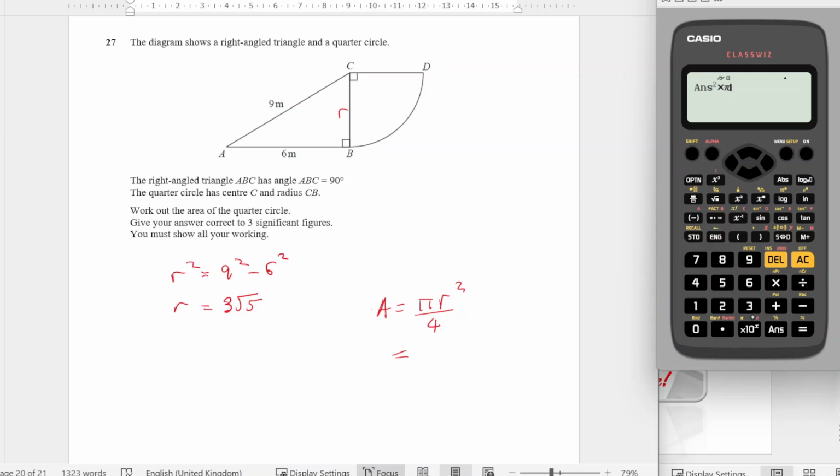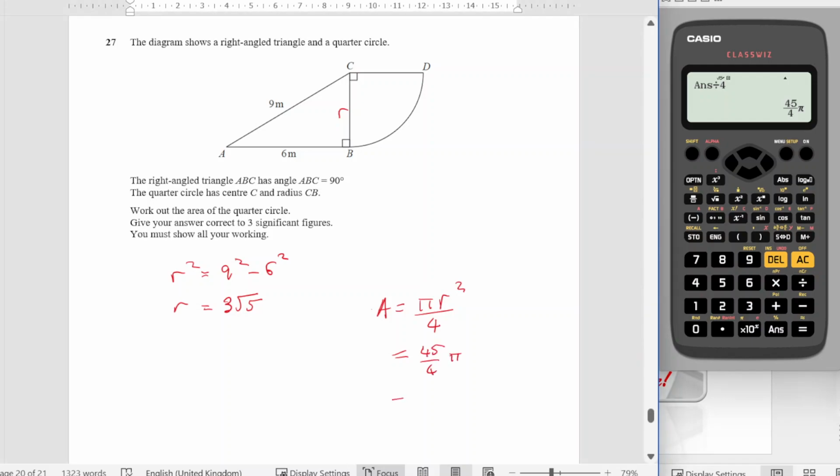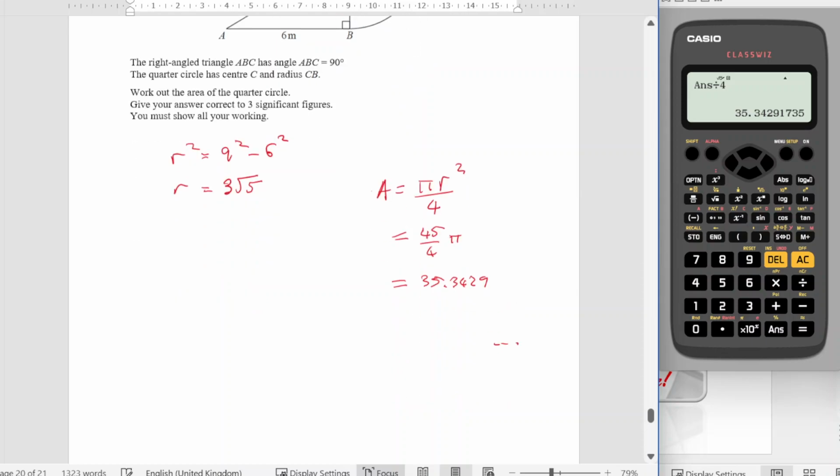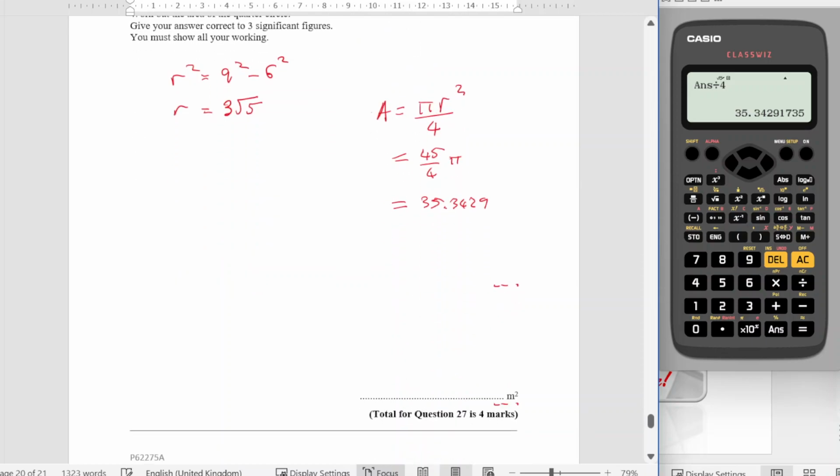Times by pi gives us that value, and then I want that divided by 4. So I get 45 pi over 4. But I want that as a decimal, so that's going to give me 35.3429... So to 3 significant figures, that's going to be 35.3.